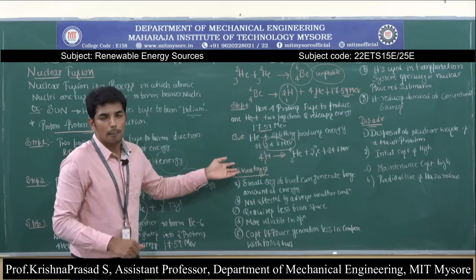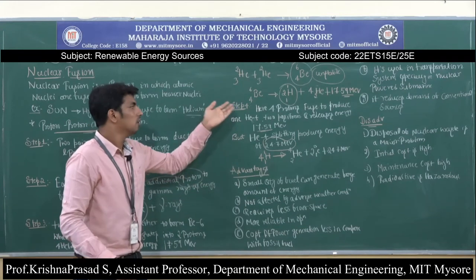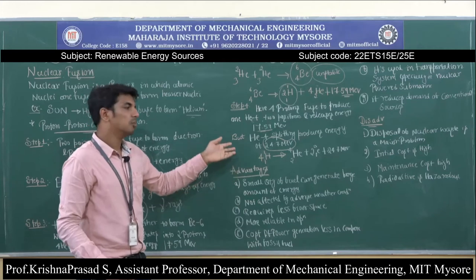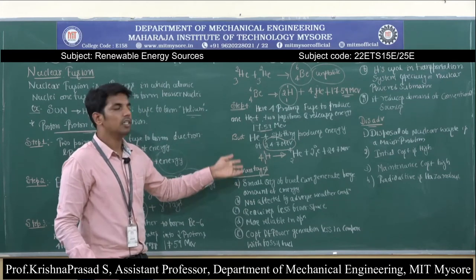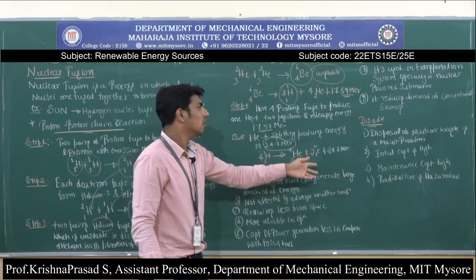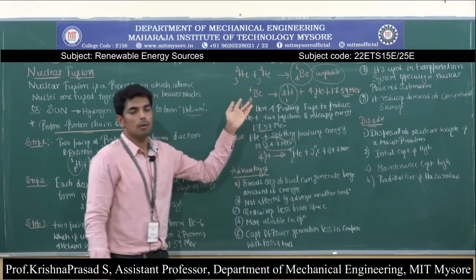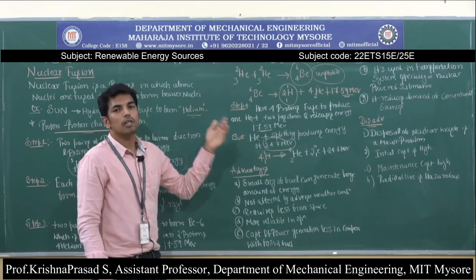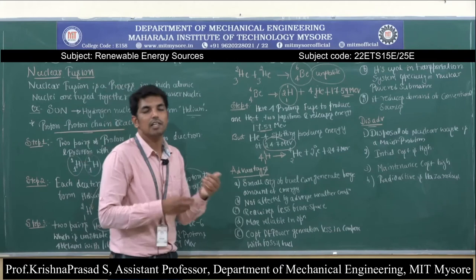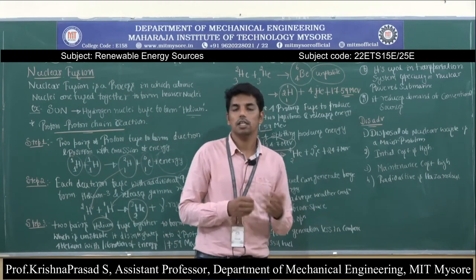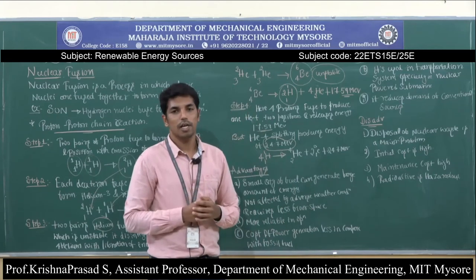So compared to nuclear fusion and the fission reaction, the splitting of the helium atom itself releases a large amount of energy instead of fusing the 4 protons. So nuclear fusion always has lesser power compared to nuclear fission. So this is regarding the nuclear fusion reaction.